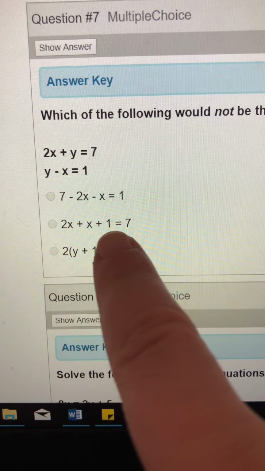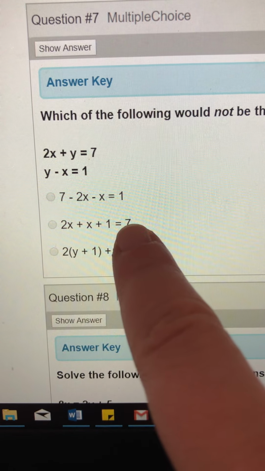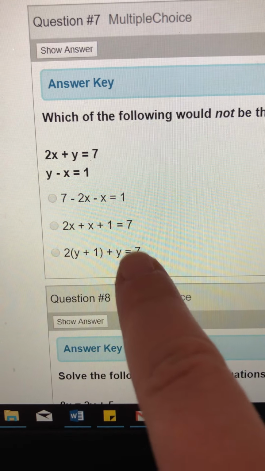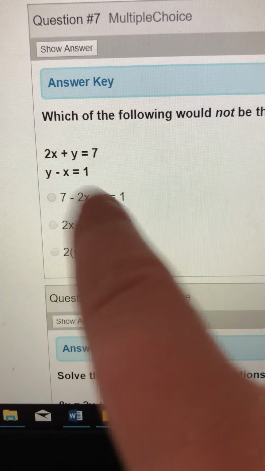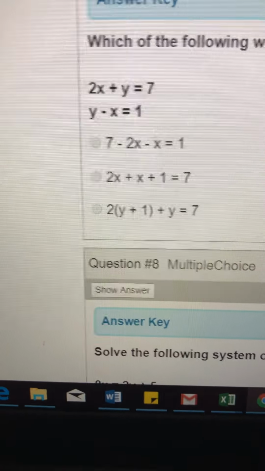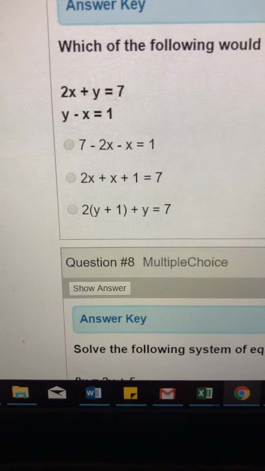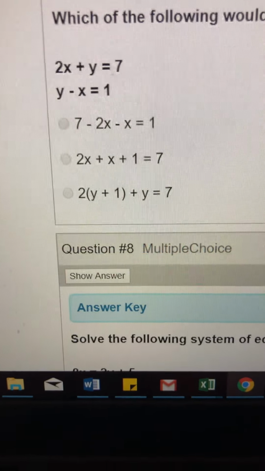We have 2x plus x plus 1 equals 7. And we have 2y plus 1 equals 7. So this is going to involve us needing to figure out what it would look like if we substituted for y and what it would look like if we substituted for x. So we're going to actually have kind of two panels of work here. So I'll split these up into two sides.